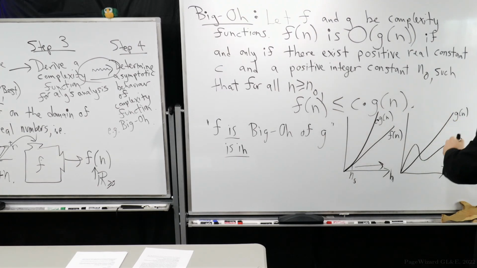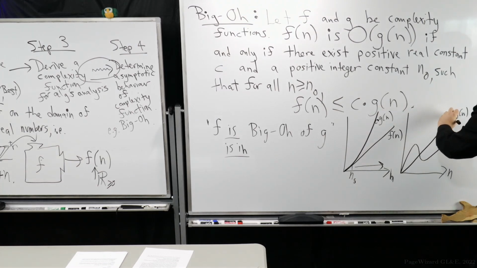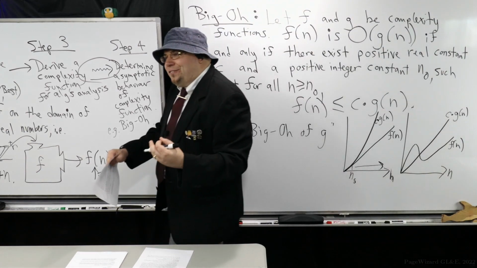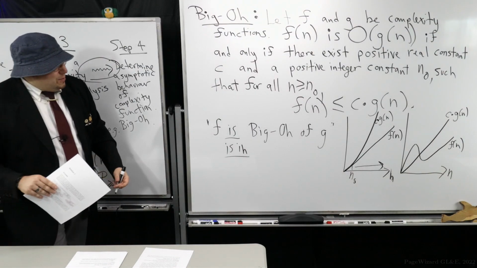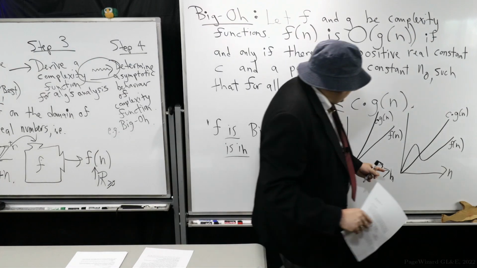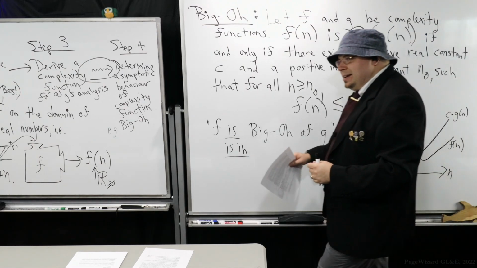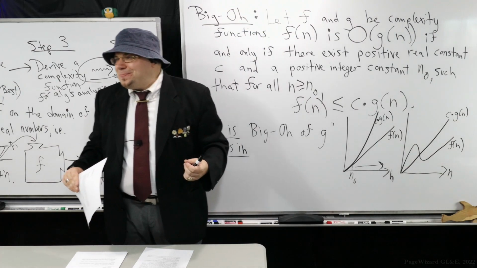Something similar happens over here. Just to be a little bit clear, I'm going to call this C times g of n. I don't really know what C is. I'm just drawing you a fun picture. So notice here that for smaller values, the f curve goes above the g times C curve. Does everybody see that? Just for a little bit, right?